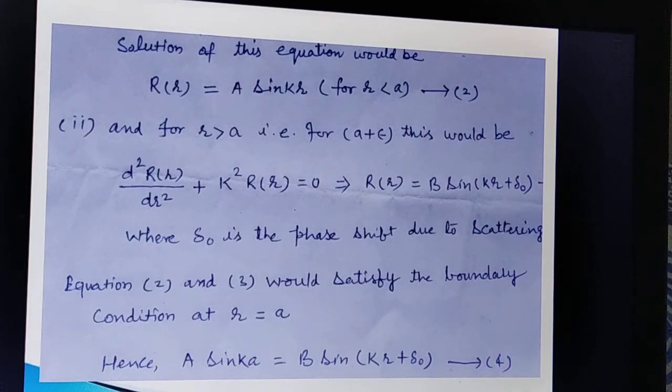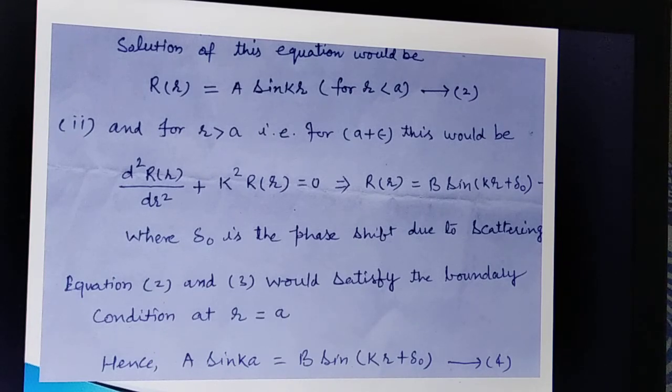And the radial equation for the region r is greater than a can be written as d square R(r) over dr square plus k square R(r) equal to 0. The solution of this equation would be R(r) equal to B sin of kr plus delta 0.